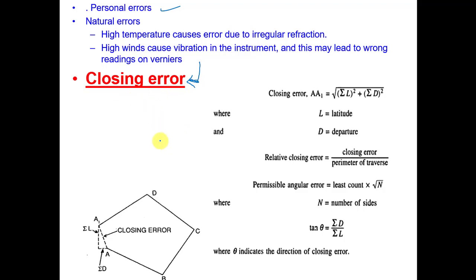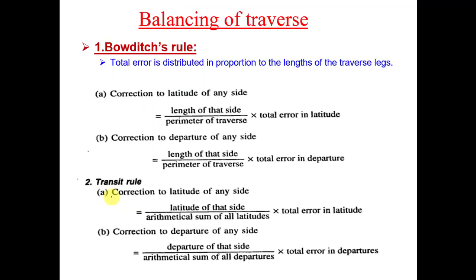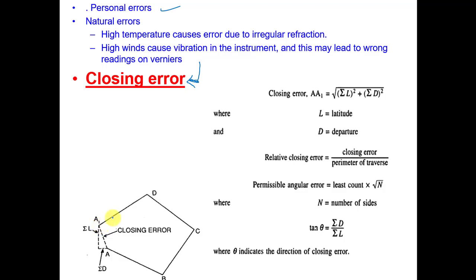Now the closing error. In this figure, you can clearly see the figure starts with A1, D, C, B, and finishes with A. If this figure ended at point A1, the closing error would be equal to 0. But in this case we have a closing error represented by A1A, a line having a latitude in the y-axis and a departure in the x-axis.